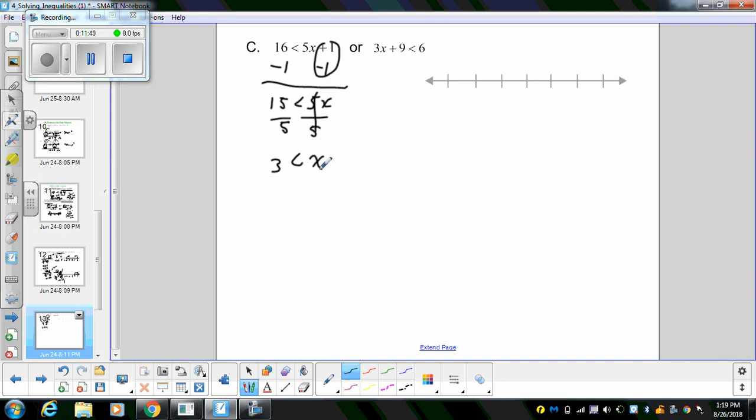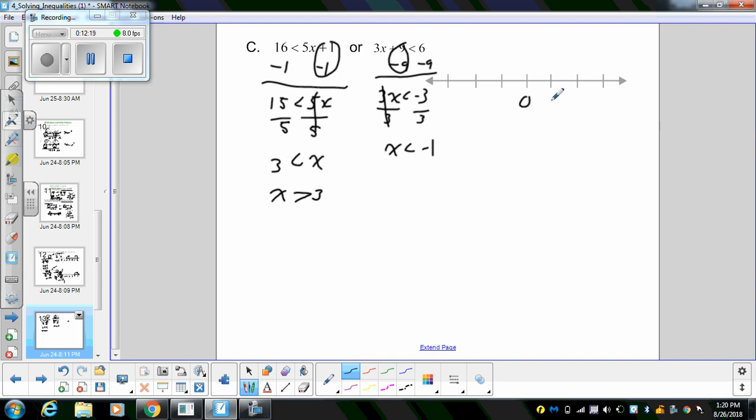Again, the letter's on the wrong side, so I'm going to switch my x and my 3 and flip my inequality. Come back up here, get rid of my constant, so I'm going to subtract 9 on both sides. It gives me 3x is less than negative 3. Then get rid of my coefficient by dividing. So x is less than or equal to negative 1.